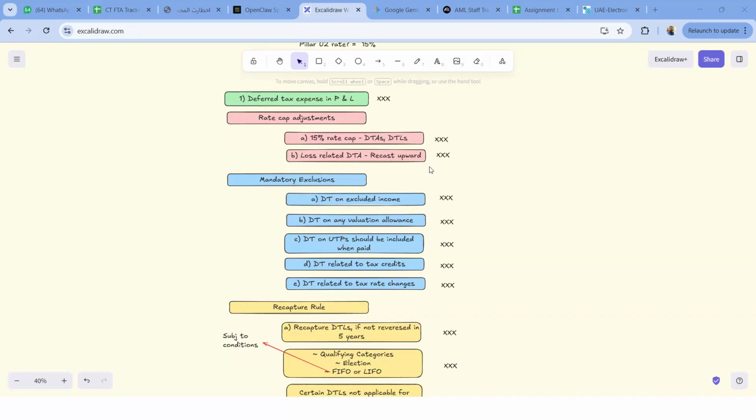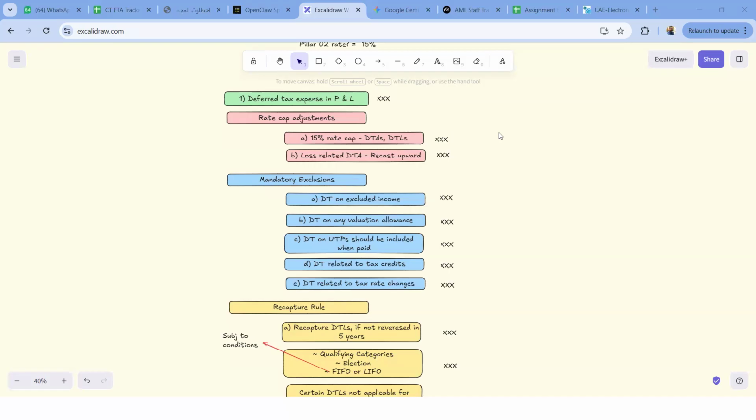Would there be a DTA recorded in my P&L if I have a loss? My tax rate is 9%. Absolutely yes. Right? It would be recorded at 9%. And through the loss DTA recast, what did I tell you? This 9% you can recast upward to 15%. Correct? Global's DTA can be recast upward.